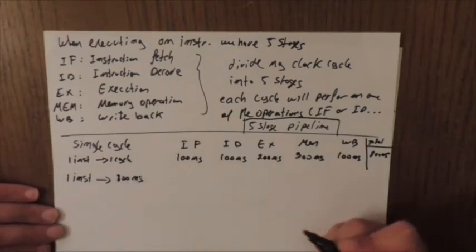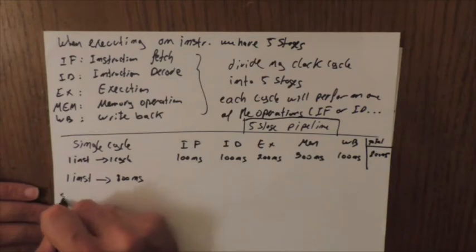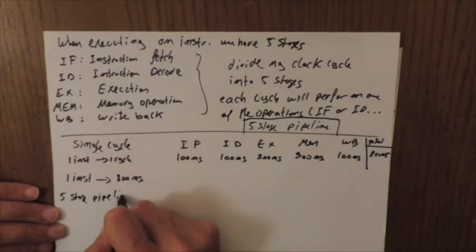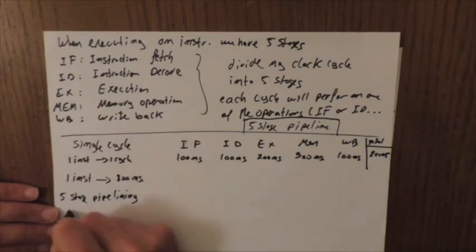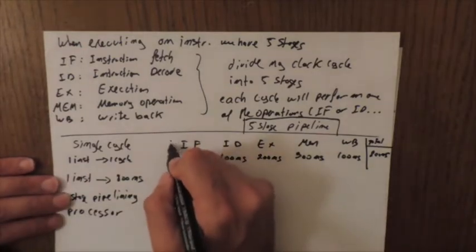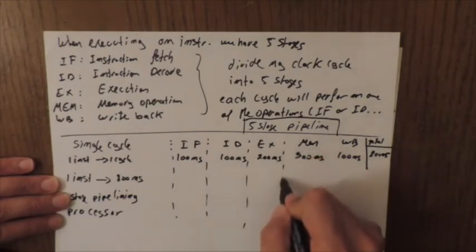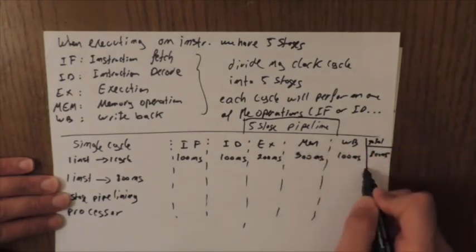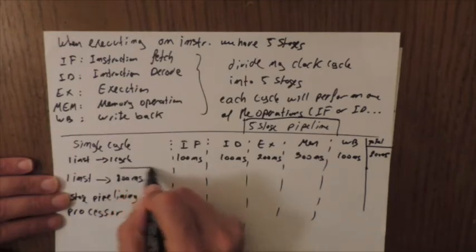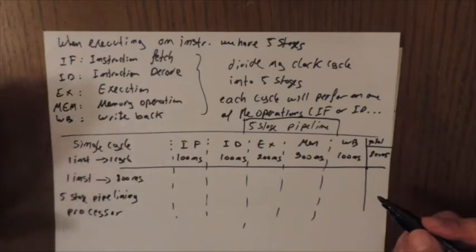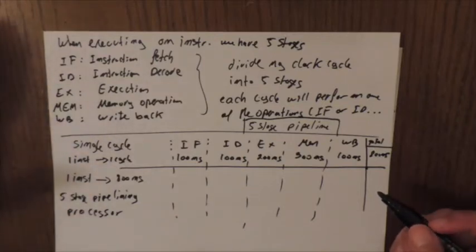Now, let's say I have a 5-stage pipelining processor. Now what I want to do is select the time I need to execute my stages.